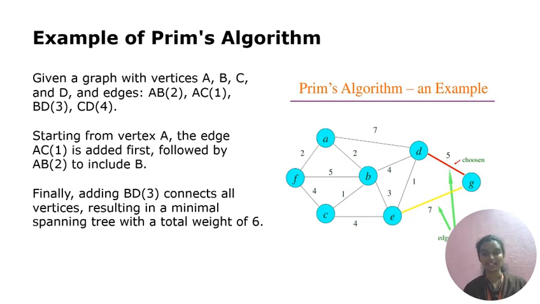Starting from the vertex A, the edge AC is added first, followed by the edge AB, which has weight 2, to include B. Finally, adding BD, whose edge cost is 3, connects all the vertices, resulting in a minimal spanning tree with a total weight of 6. This scenario is observed in Prim's algorithm, which is one of the most important algorithms for minimal spanning trees.